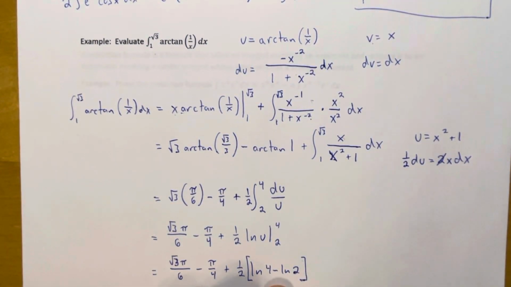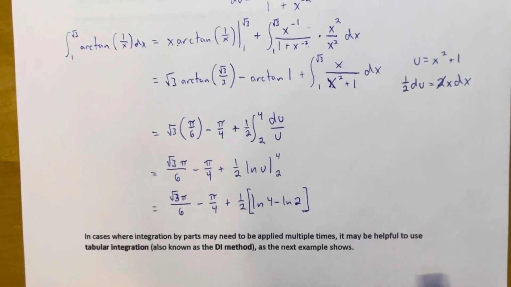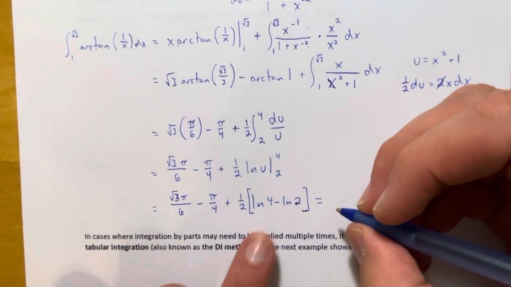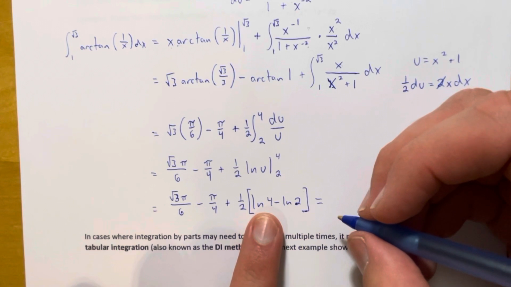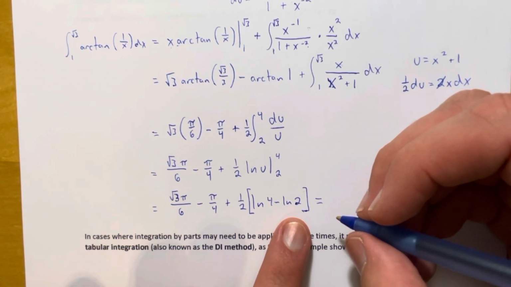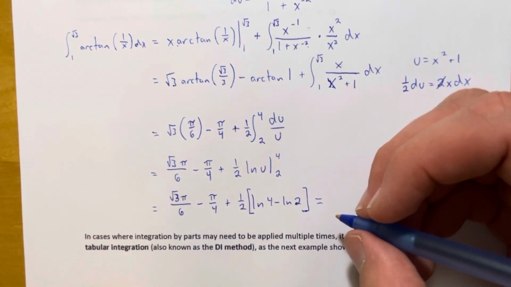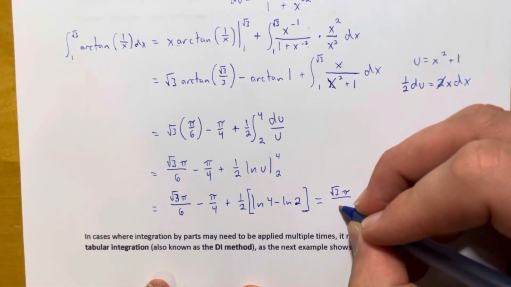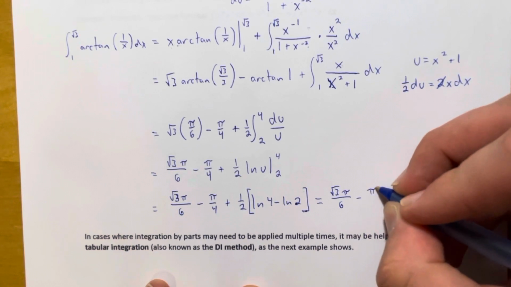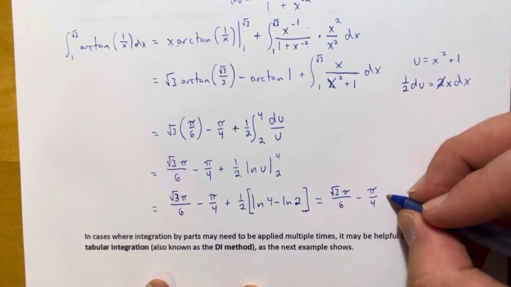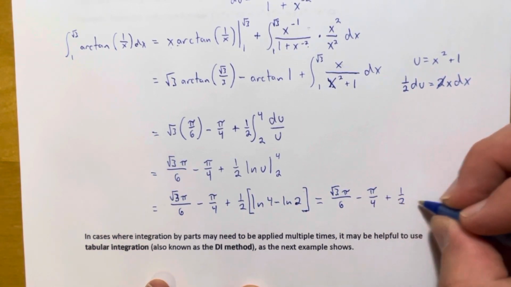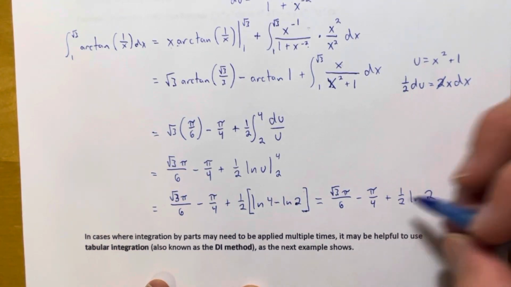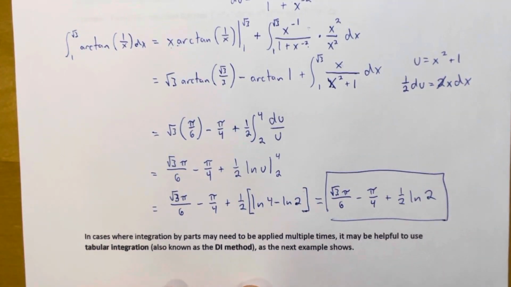And then I'm going to use a logarithm property to combine these two things, because I know that natural log of 4 minus the natural log of 2 is the same thing as the natural log of 4 divided by 2, which is just 2. So putting that all together, I get root 3 times pi over 6 minus pi over 4 plus 1/2 natural log of 2. That's going to be my final answer.